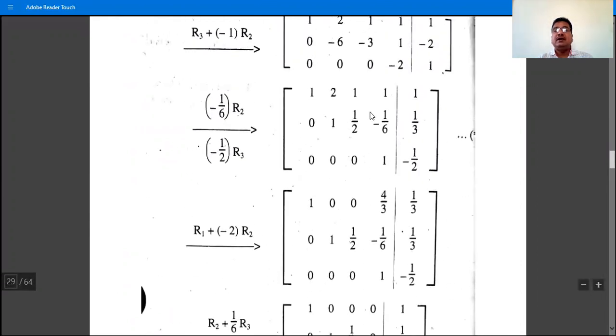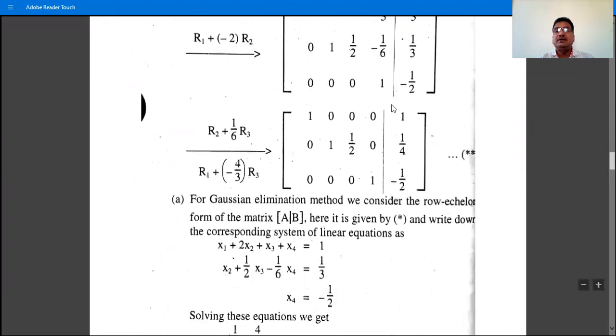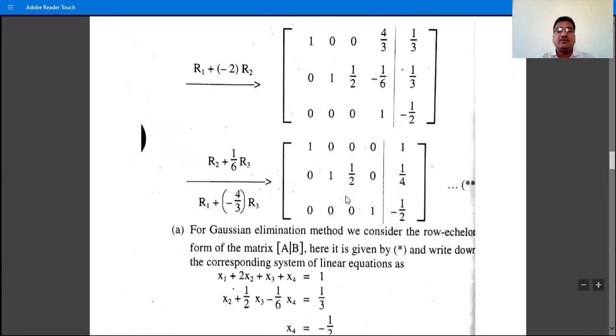If you observe the echelon form, the first column contains a leading one, the second column contains a leading one, and the fourth column contains a leading one. And if you observe this reduced row echelon form, then in the first, second, and fourth columns all entries are equal to 0 except the leading one. So this is the reduced row echelon form.